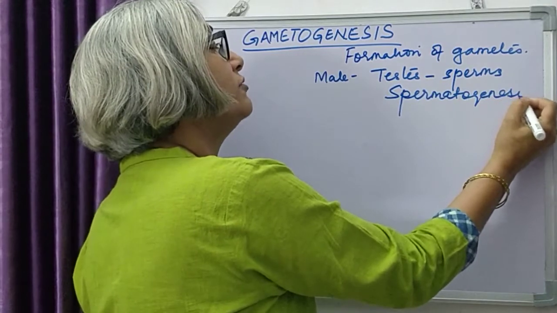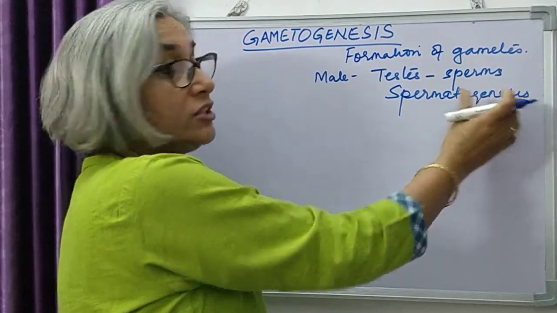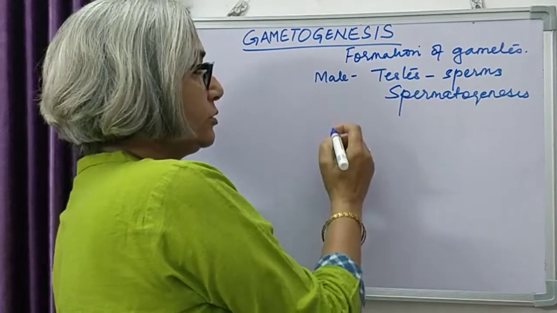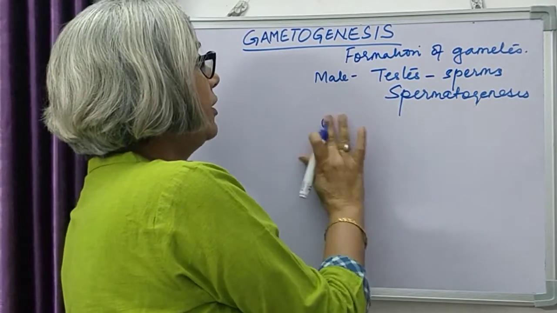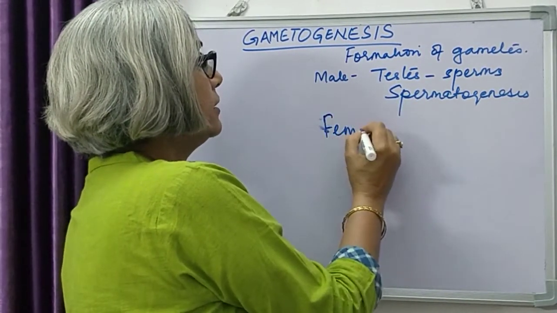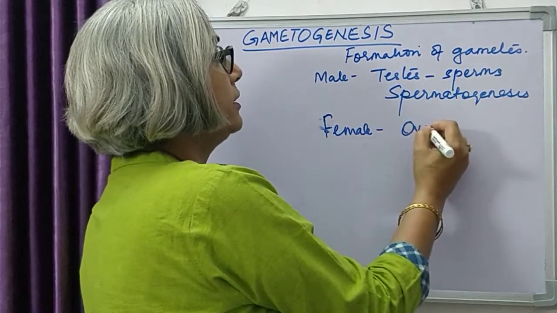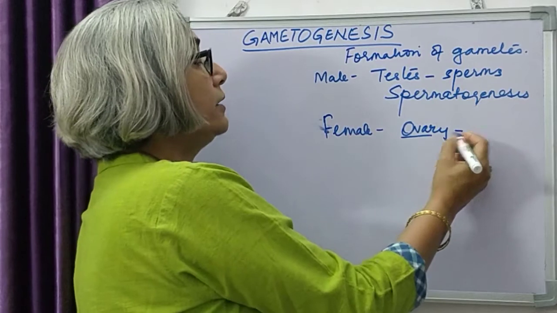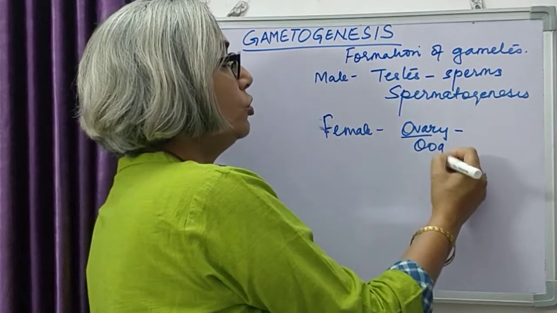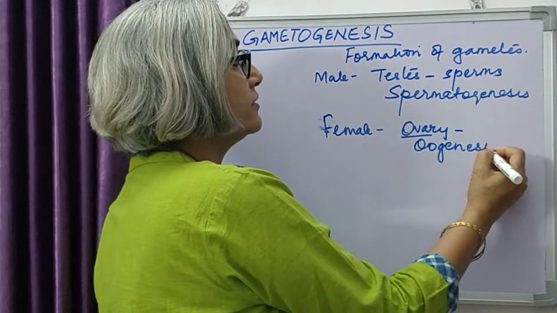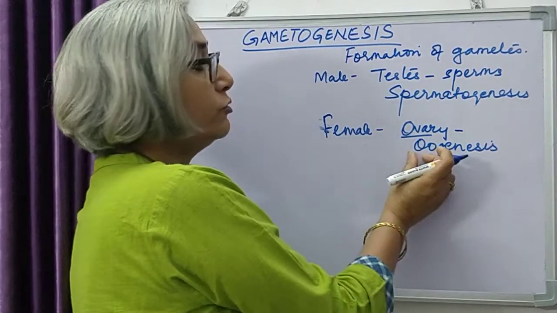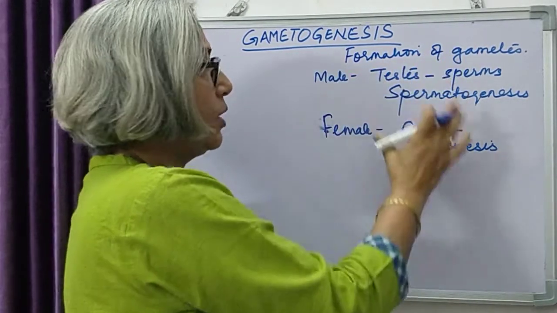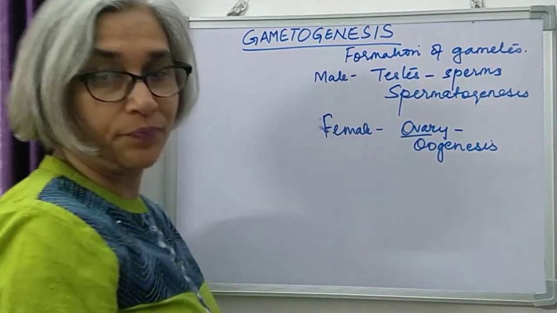The term itself is telling you genesis means formation of sperms. So in male the process is called spermatogenesis. Same way in females the primary organ is ovary, pair of ovaries, and the process is called oogenesis, genesis of ova. So this is basics about gametogenesis.